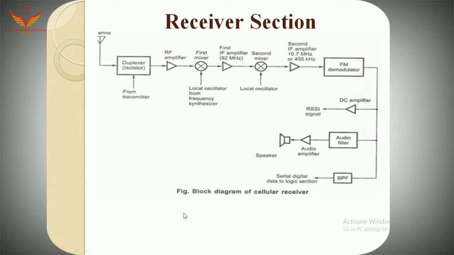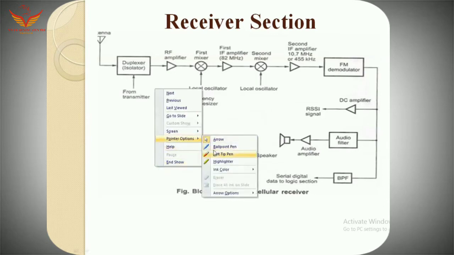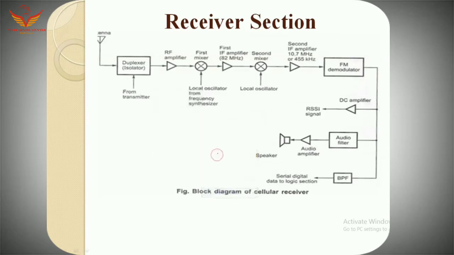So the signal received from the antenna is isolated from the output stage of the transmitter with the help of a device called a duplexer. Means the duplexer isolates the signal from the transmitter section.